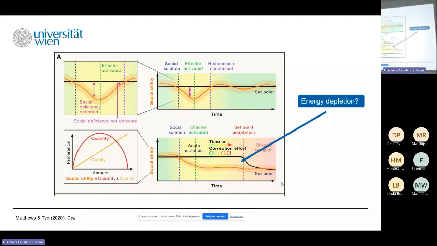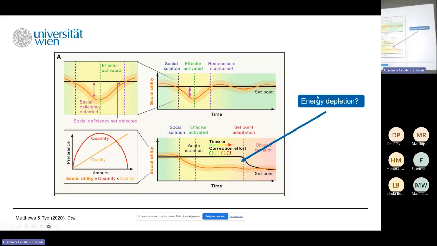So this is the very complex model that we saw before for social homeostasis, with the idea that if you move out of the range of your set point, and you cannot go back as the organism usually tries to do, because you don't have access to the resources, what is happening is that your set point changes.